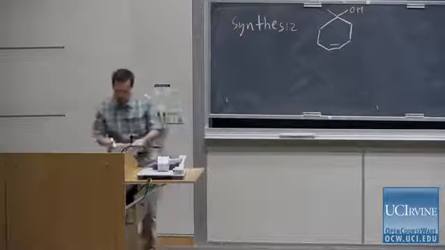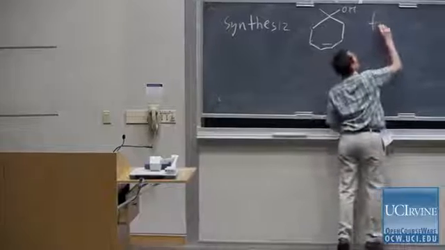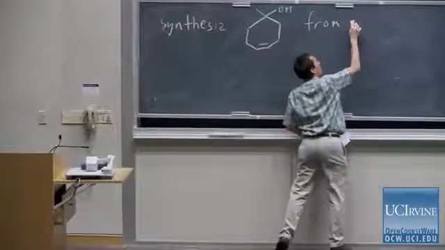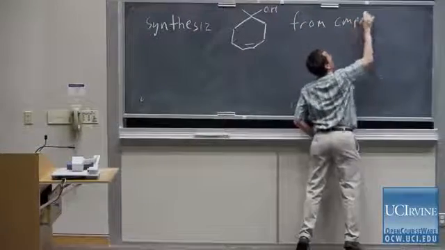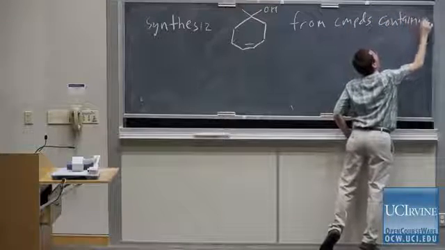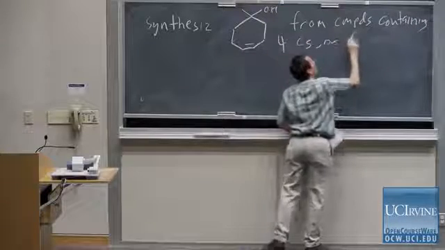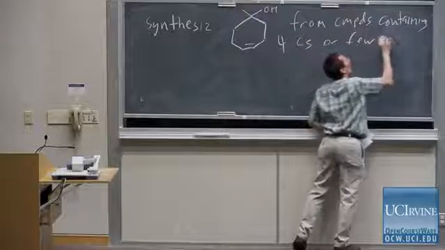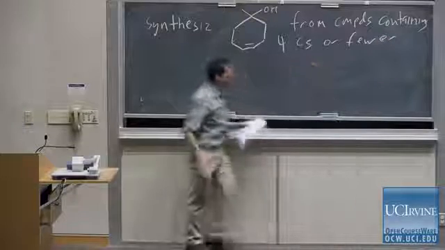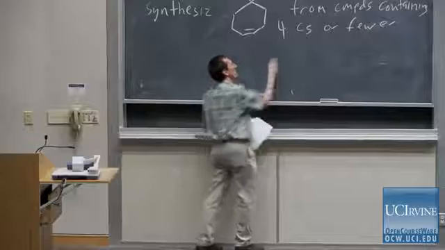And let's say, just to put some constraints on it, I'll say from compounds containing 4 carbon atoms or fewer. And just to give us maybe a little hint, I'll say using olefin metathesis.